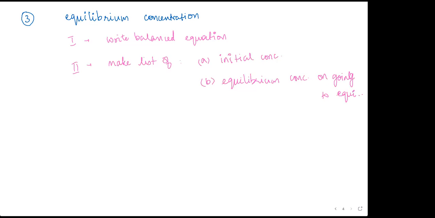How is it varying? And finally, once the reaction has reached equilibrium, what is the equilibrium concentration?